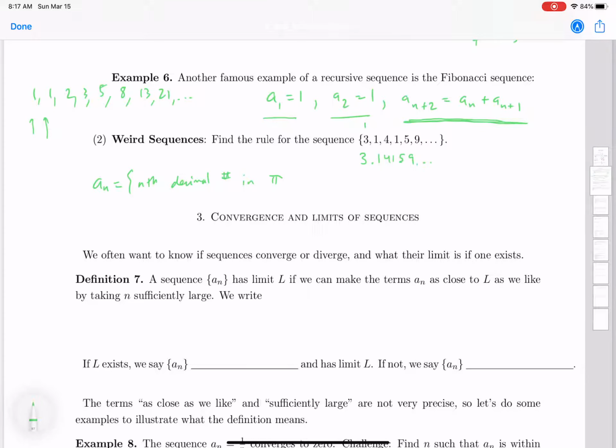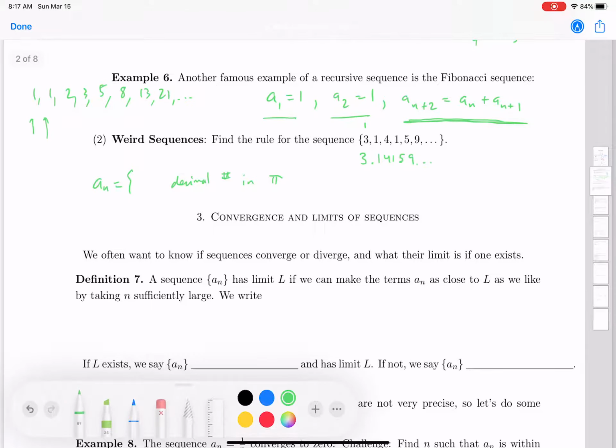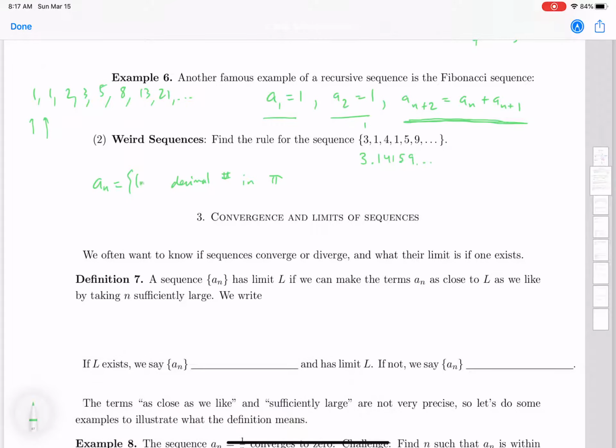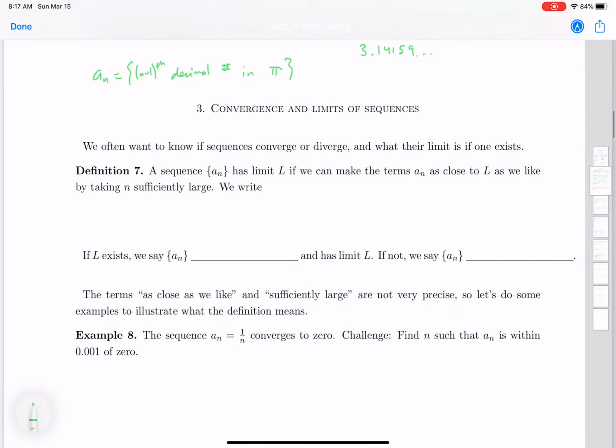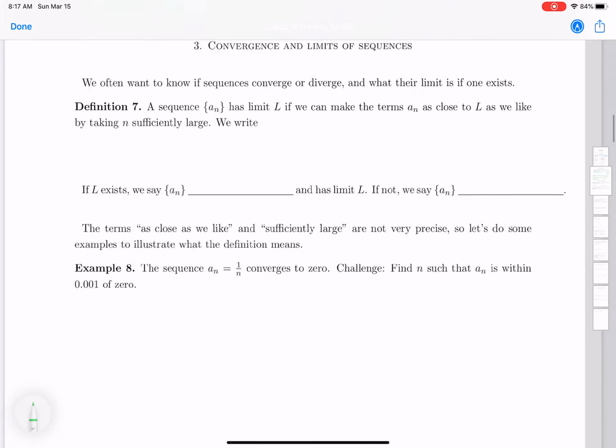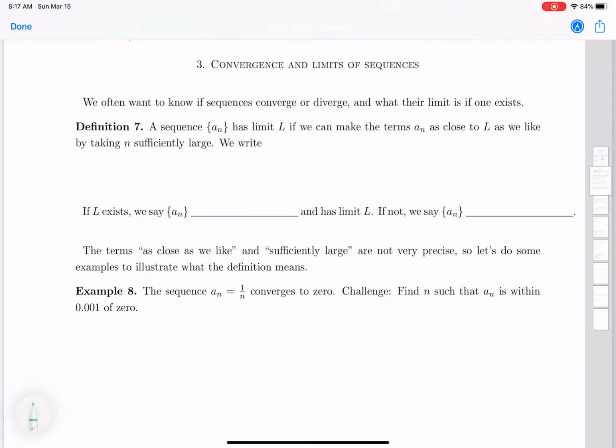So n equals 2 is actually the first decimal number. So if I wanted to be completely precise here, I would say it's the n minus 1th decimal number in pi. And there's probably better ways of describing that so that other people would understand it. But we'll leave it at that for now.